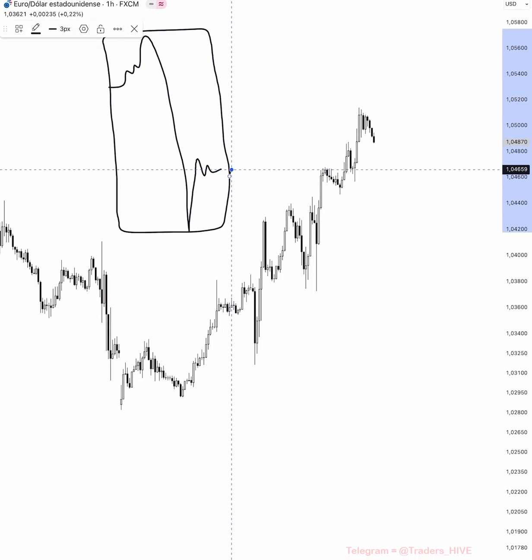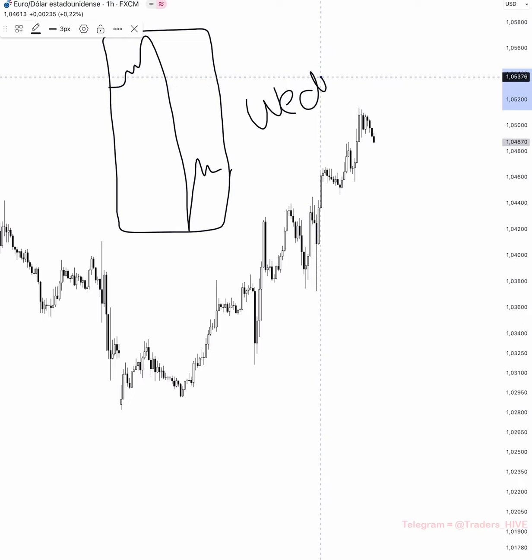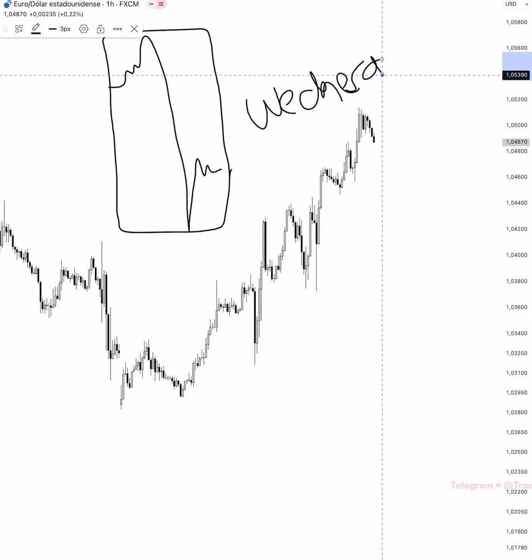And that's something you are going to have to go back to the charts and see for yourself. That's the Wednesday model.